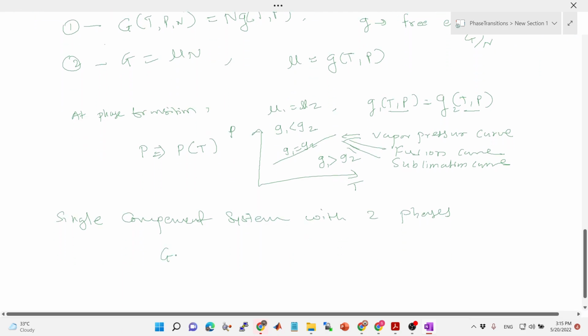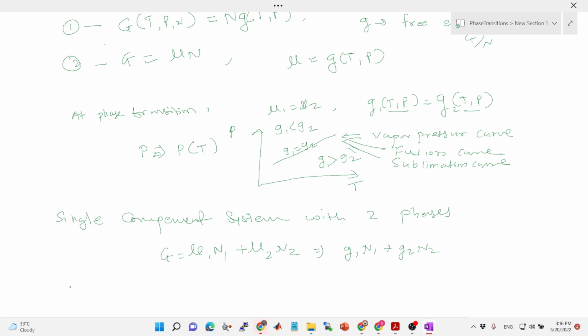The Gibbs free energy can also be written, as we have seen in the previous one, as the summation of mu times n, and we know that mu is nothing but the single particle free energy. So G equals g1 times N1 plus g2 times N2, where N1 and N2 are the numbers of particles in the first and second phase respectively.